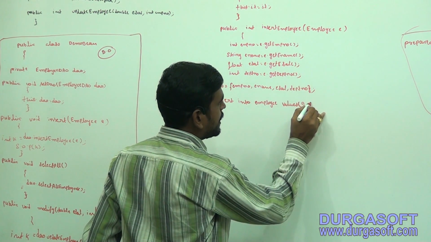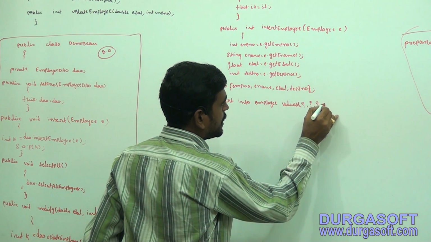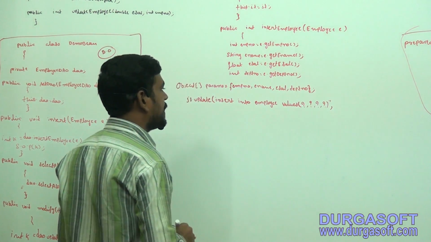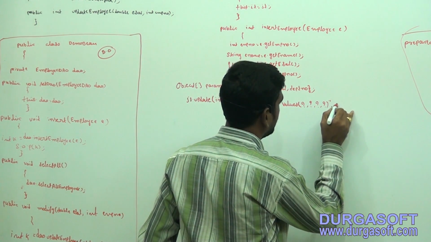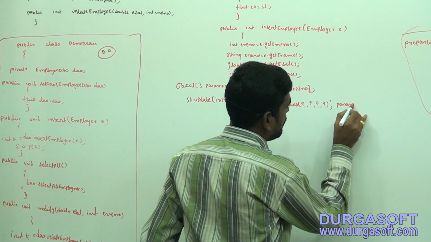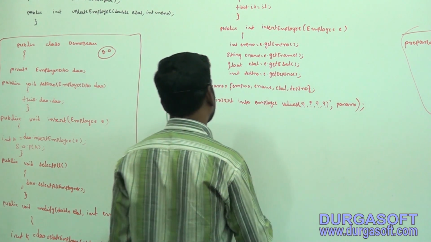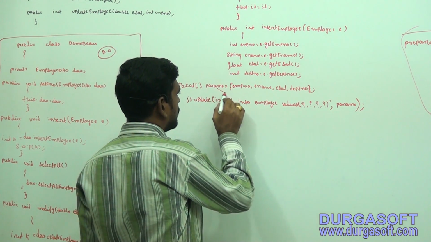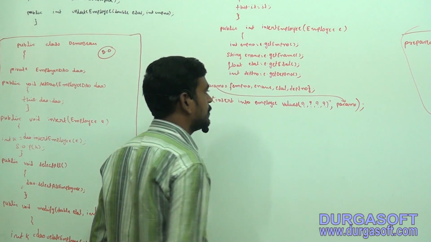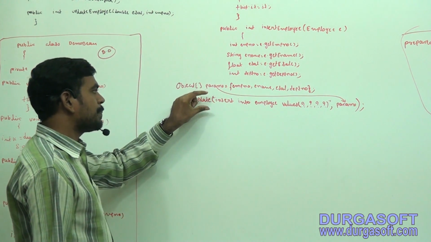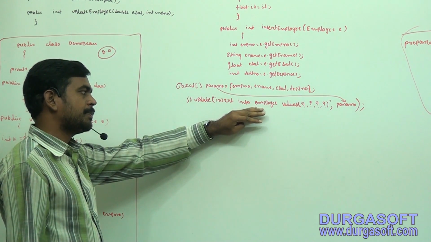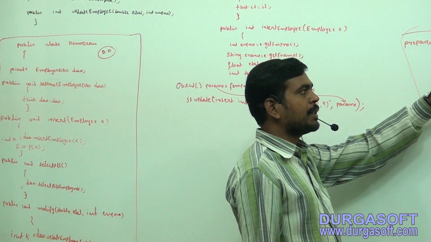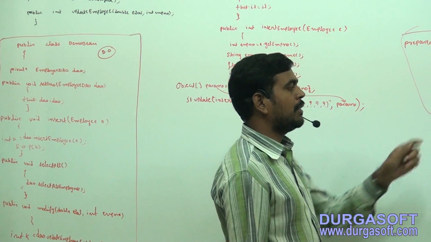That many question marks as there are values we have to take here. Then after that we can pass params here. This is the way to pass the dynamic values in Spring Framework.